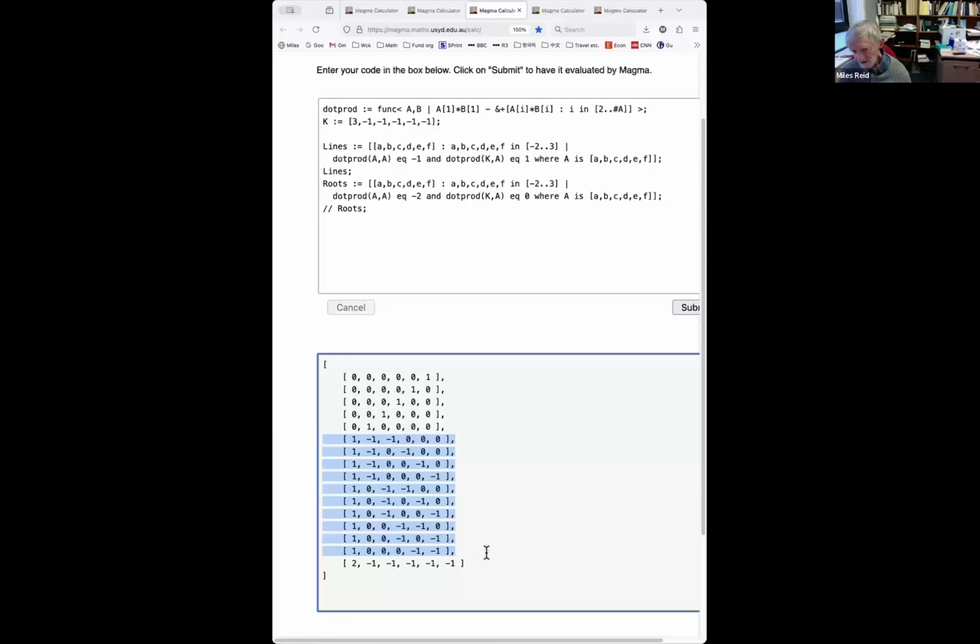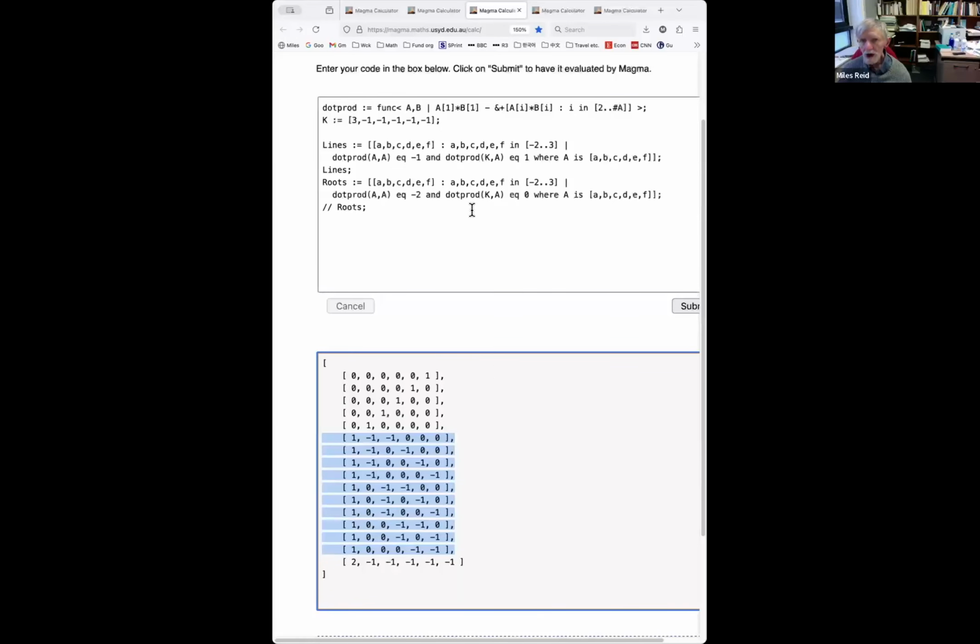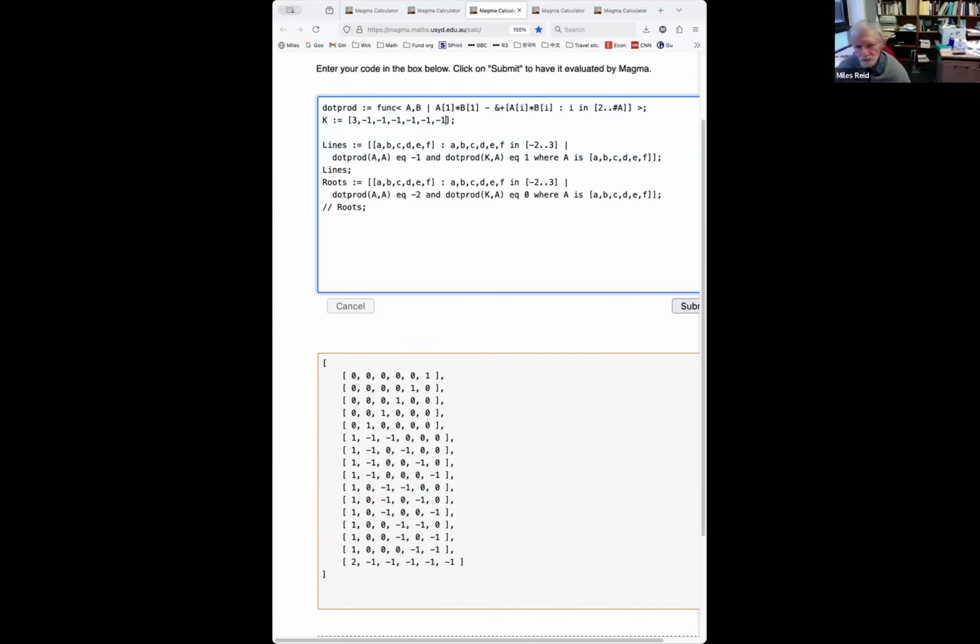So you can see that, and then at the end, oh dear, I have to put another one here. Let me just make it simpler for the computer. Okay, I hope that works.